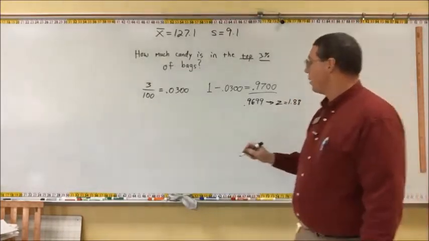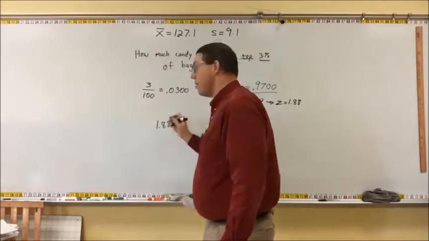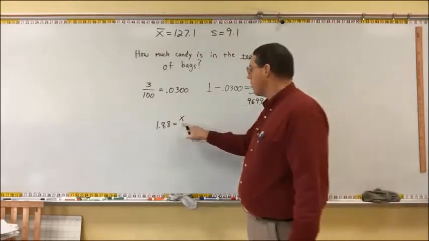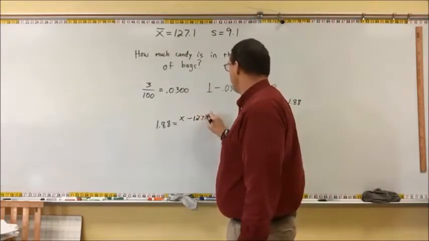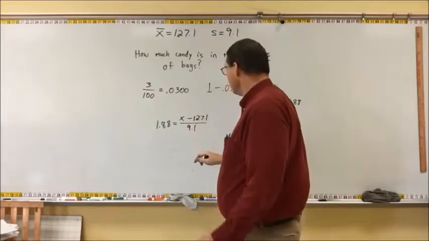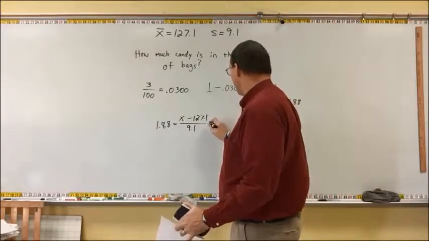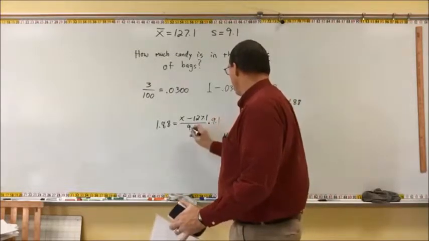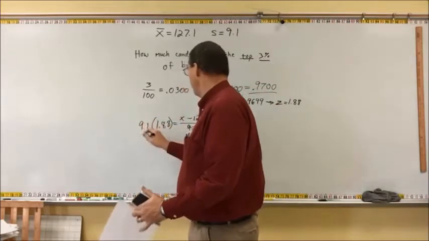So now we're going to take our z-score, 1.88, and we're going to set it equal to the z-score formula, which is x minus x bar. But we know x bar, that's 127.1. We're going to divide it by 9.1. And now we're going to do some algebra. We're going to multiply by 9.1 on both sides. That's going to cancel on this side. We're going to multiply this by 9.1.